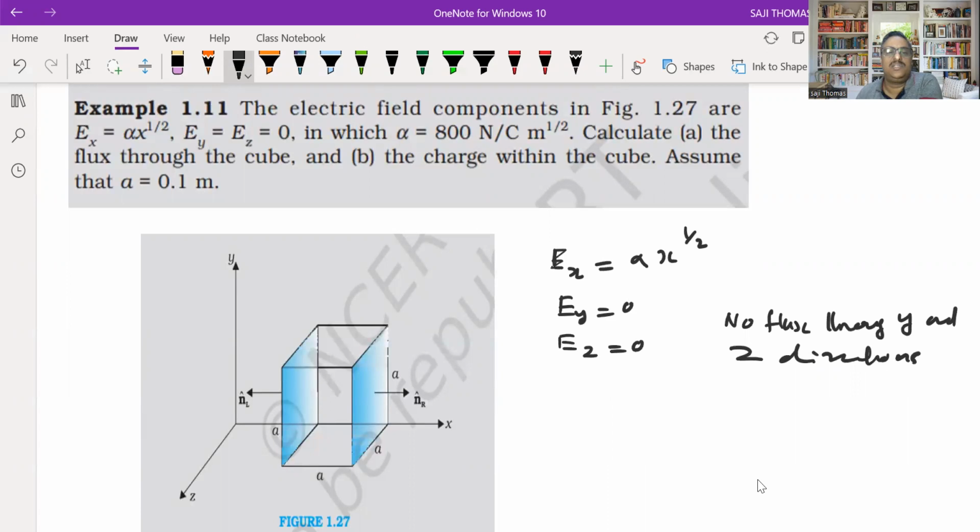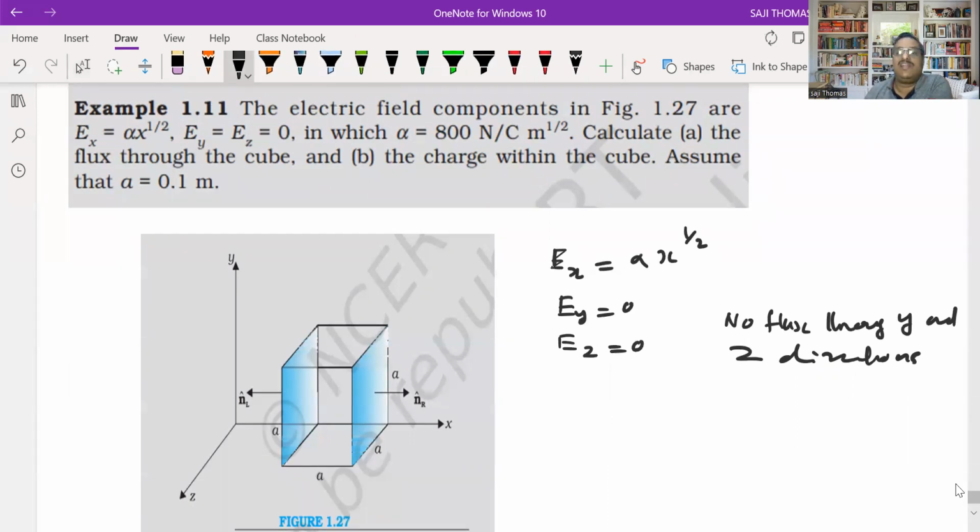So when you consider the cube, there is no flux along y direction and no flux along z direction. There will be flux along x direction only.